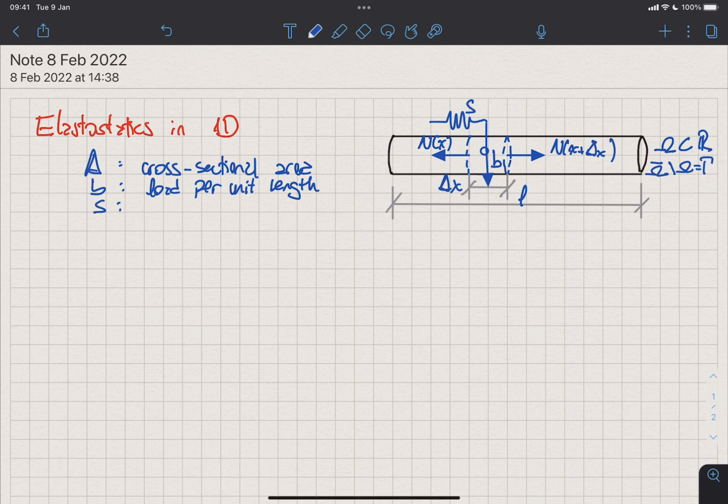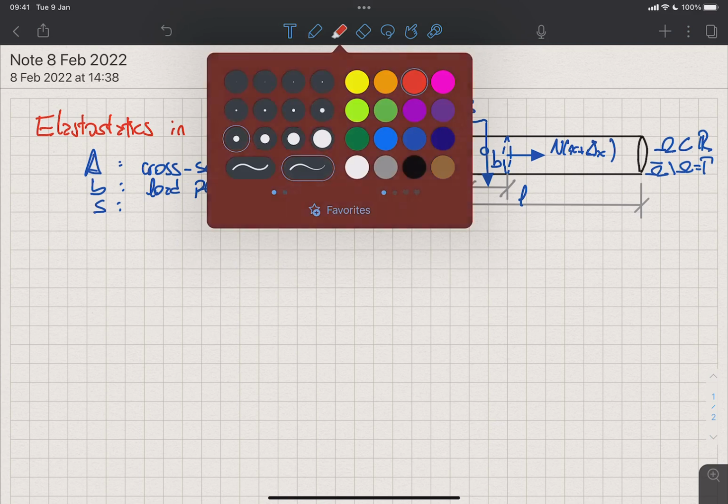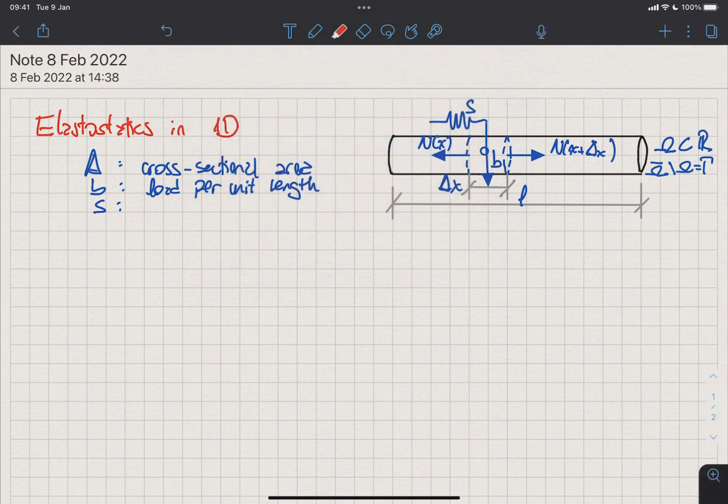Then we are going to assume that this bar is actually constrained laterally, right? So if you see here, I draw this little point, and it's basically constrained laterally with some spring that I assign a constant S. Basically, if the bar starts moving in one direction, that spring is going to exert a force in the opposite direction.